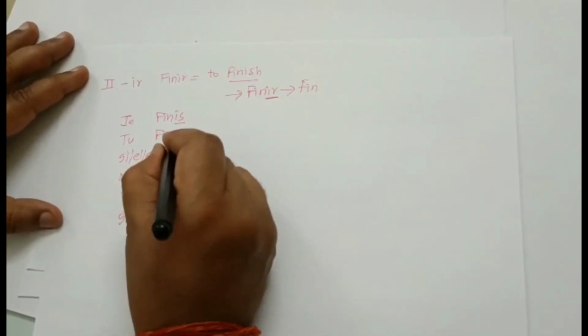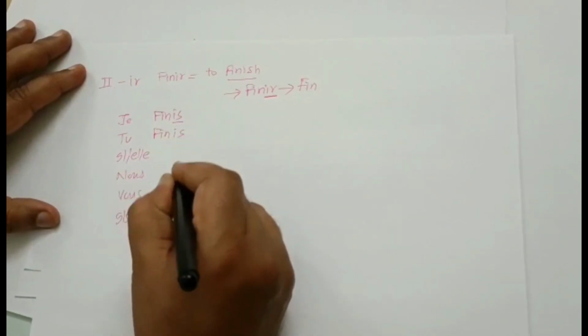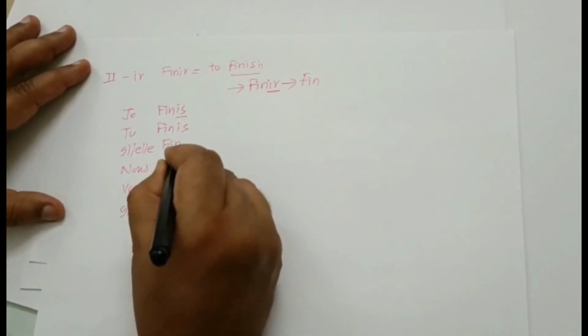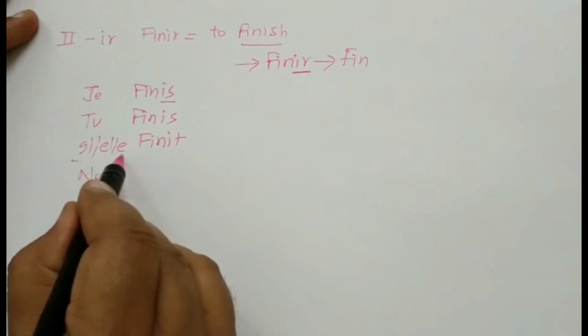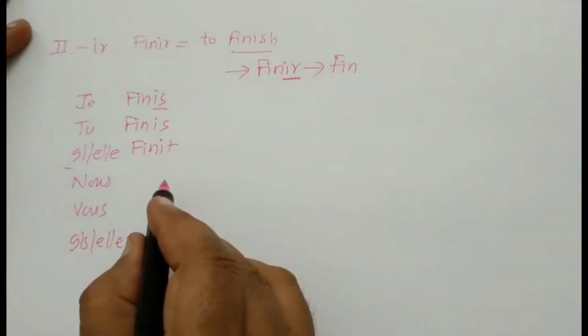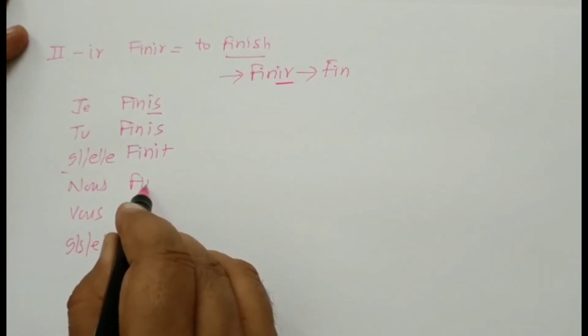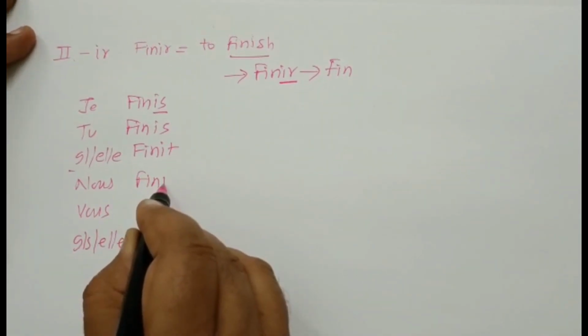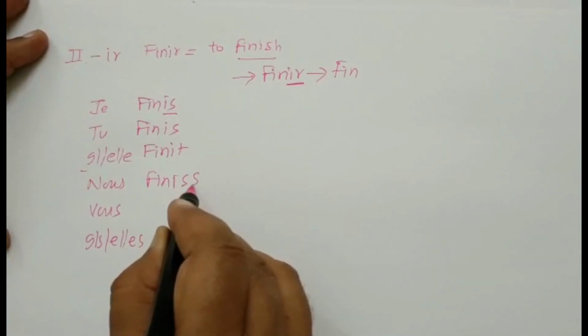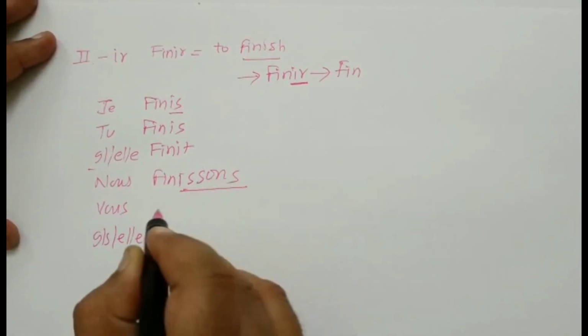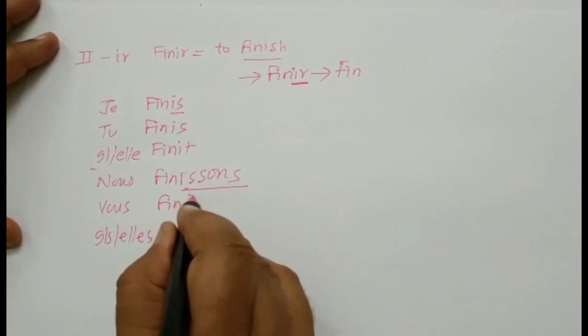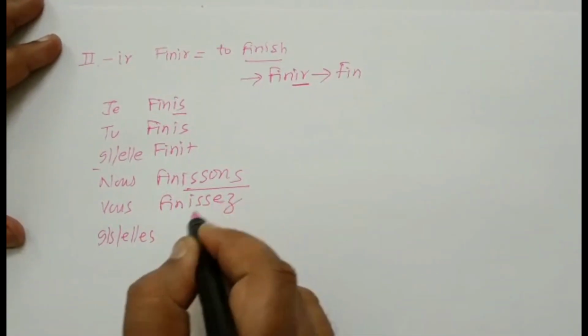Here we are going to add is again. For il and elle we are going to add it, for both elle and il. Similarly, for the word called nous, we are going to write finissons, like that, ISSONS, FINISSEZ, finissez.